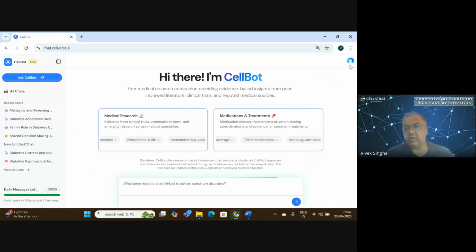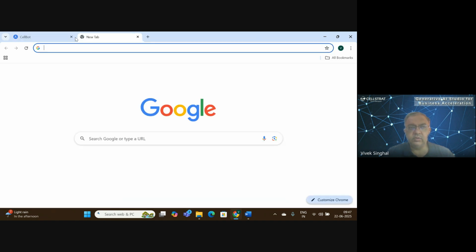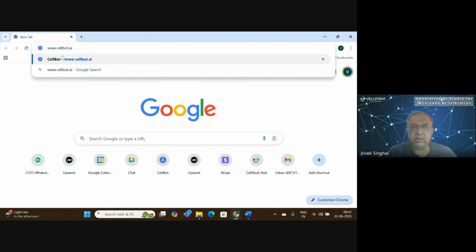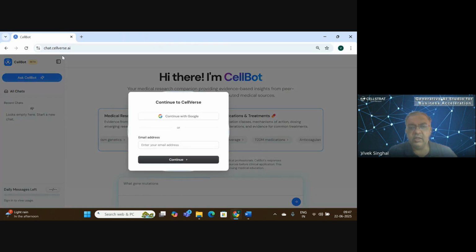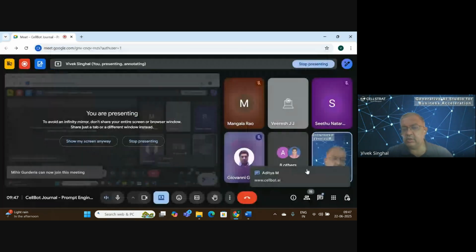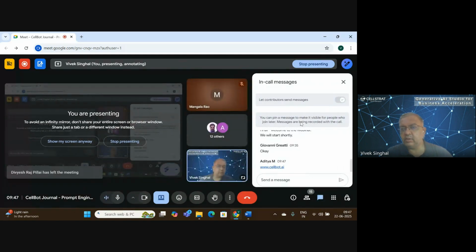So let me actually log out and show you the full stack experience. Since I am now logged out, if I try to go to cellbot.ai, it will ask me to create a login. I already have a login, so I can just sign in, but you can try this yourself, and you can sign on with a Google single sign-on account. Okay, thank you, Aditya.